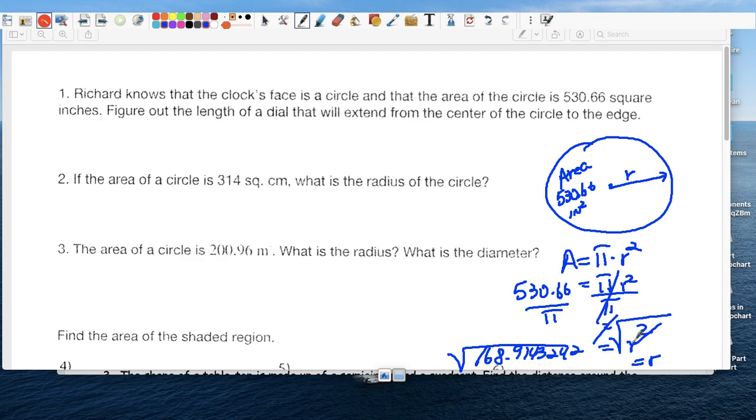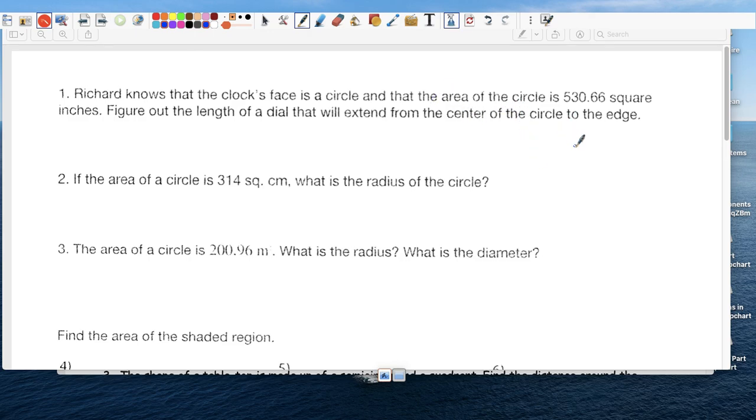I get 12.996, which we're going to round to 13. So the radius is 13. But remember, it's plus or minus 13, and obviously we want the plus 13, because it's distance.